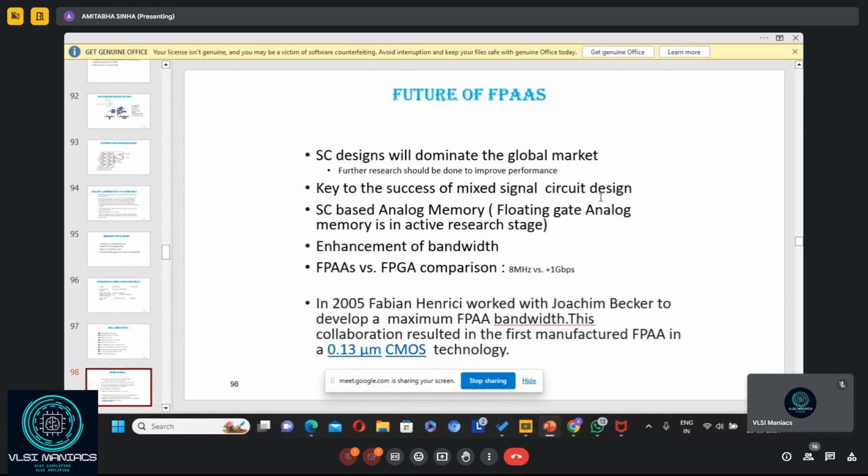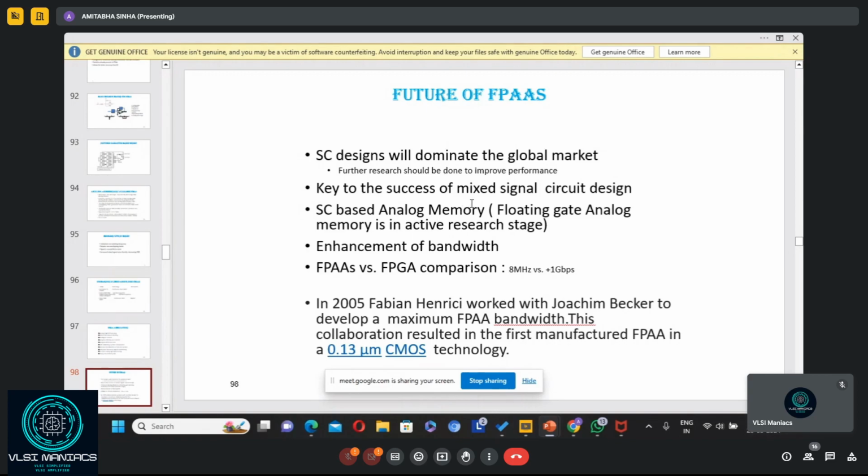And for particular applications like neural networks and artificial intelligence, they will be very much cost effective, whereas digitals are also required. So if we have some kind of chip where our analog circuits and digital circuits, that means kind of FPAA and FPGA, are in the same chip, that will be wonderful. So that is the work going on.